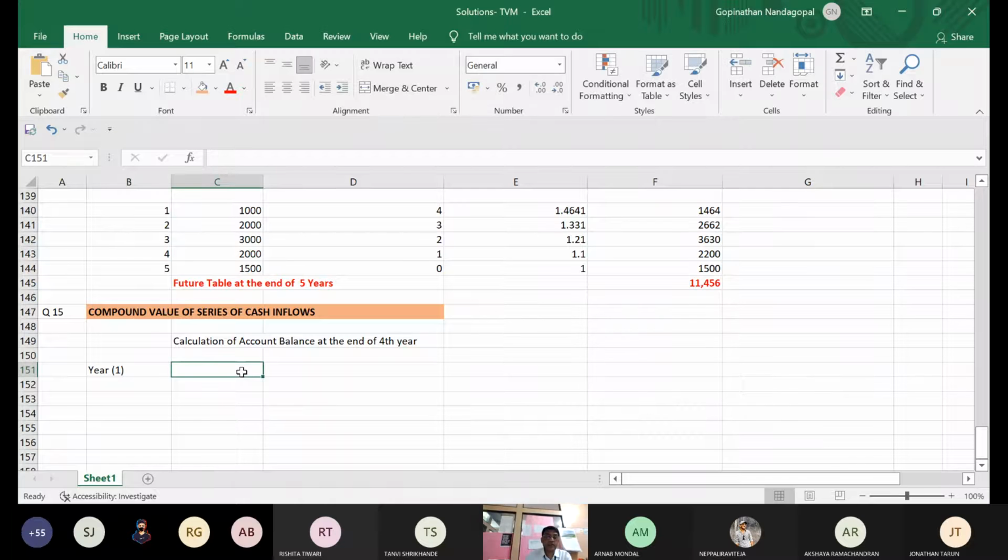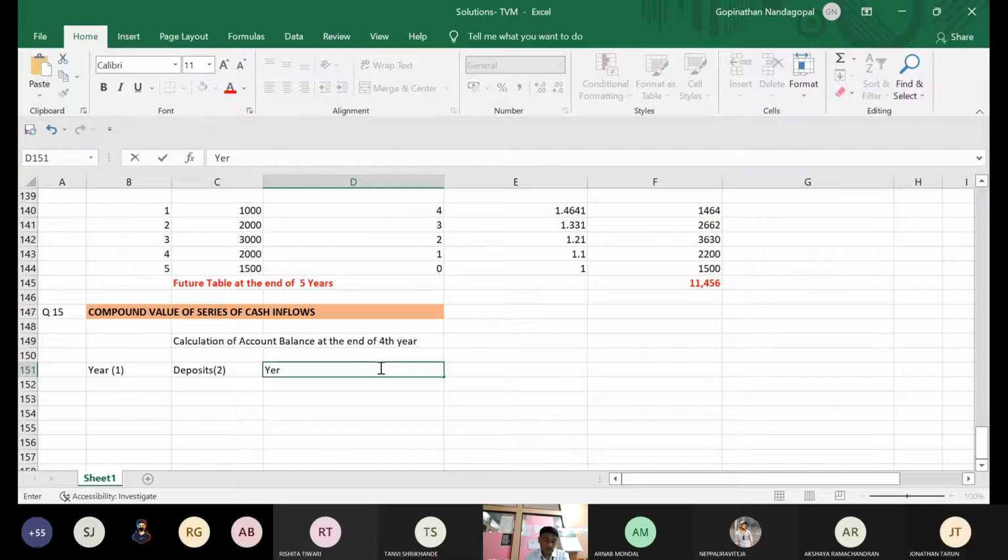Then you have deposits, which you can call as 2. Then compounded years. You can call this compounded year, which you can call as 3.